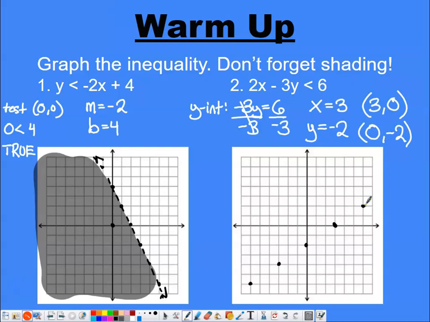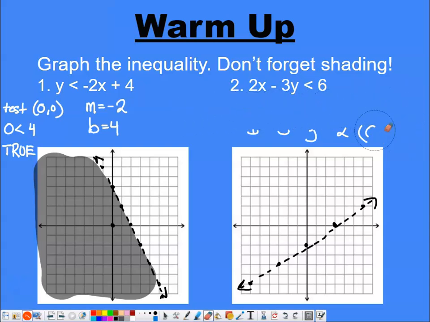Okay? And then I see that inequality, it is less than, right? So less than means that we have that dashed line. And again, I like to use the ordered pair 0, 0 to test to make sure that we're shading the correct region. I need more room, so I'm going to go ahead and erase that. And we're going to test 0, 0 again.